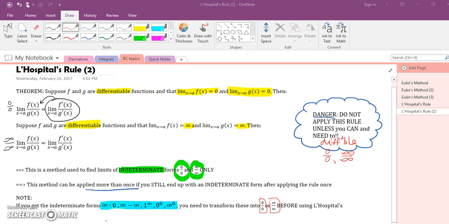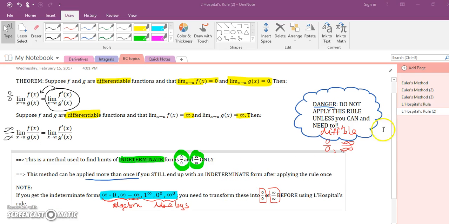What you'll do for these first 2 is you'll just use basic algebraic simplification or rewriting things without negative exponents. What you'll do for these 3 is you'll use logarithms. Those are the most advanced types. Whenever you have to use logarithms to rewrite it into one of the familiar indeterminate forms.